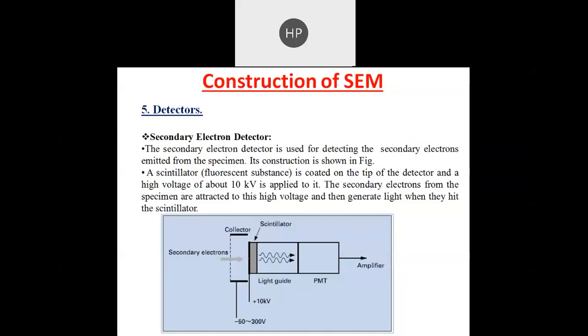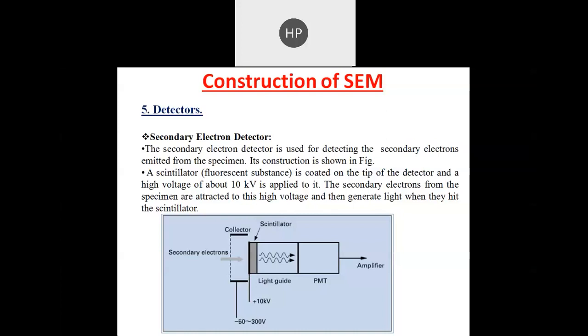Okay, and the scintillator is a fluorescent substance coated on the tip of the detector, and a high voltage of about 10 kilovolts is applied to it.